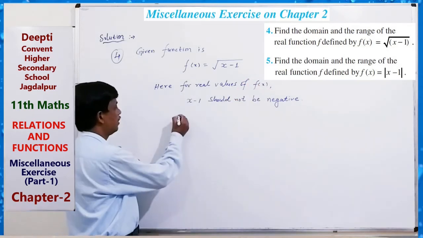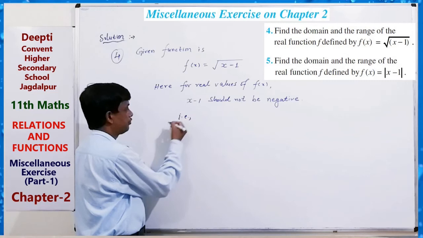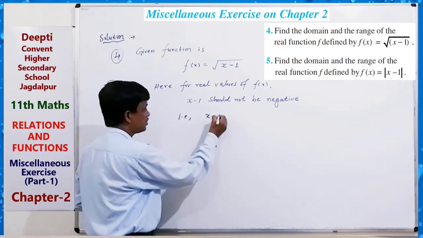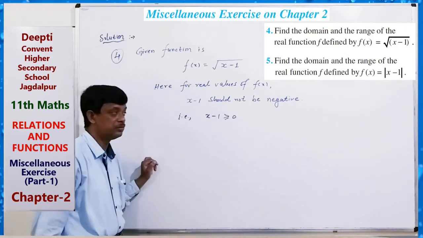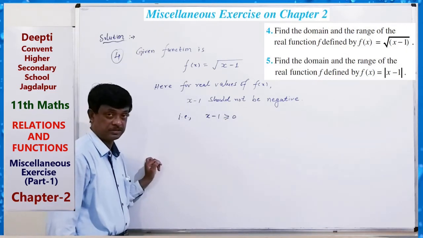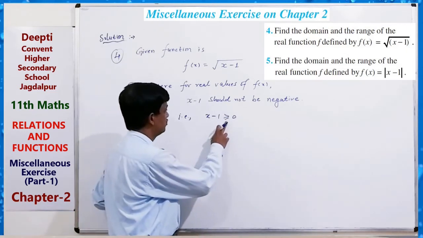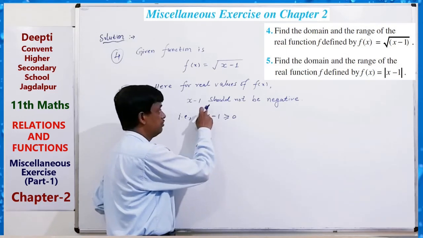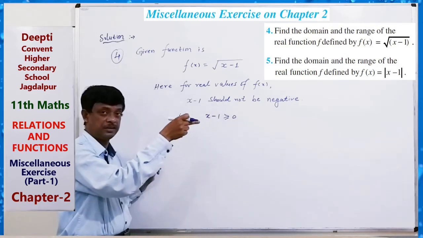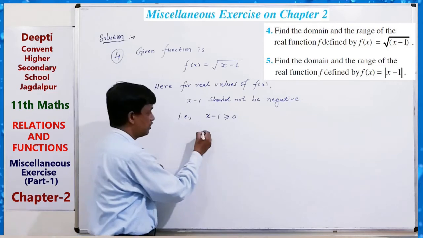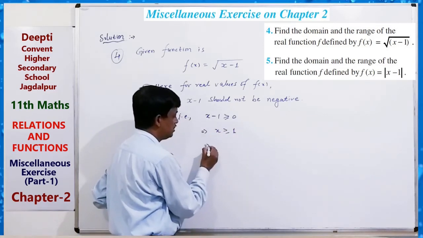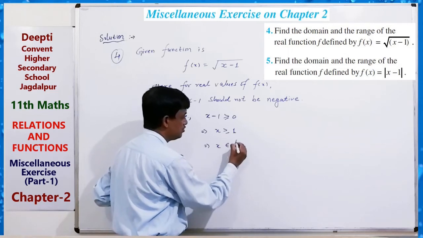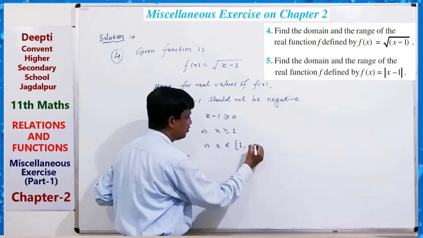That is, x minus 1 should be greater than or equal to 0. Should not be negative. So x minus 1 greater than or equal to 0 implies x is greater than or equal to 1, implies x belongs to [1, infinity).